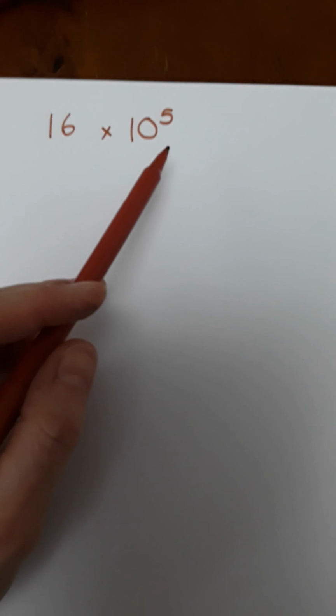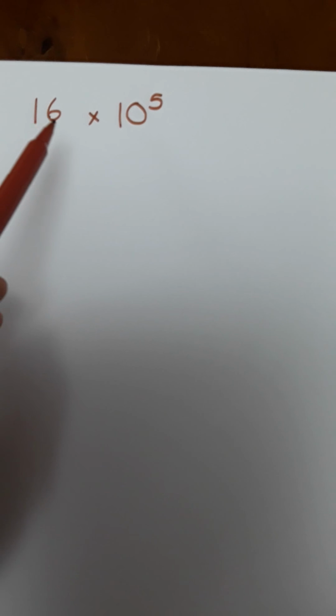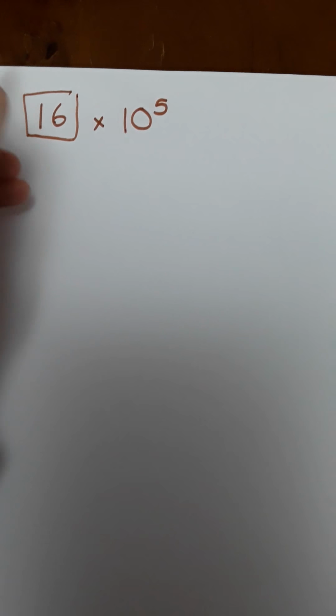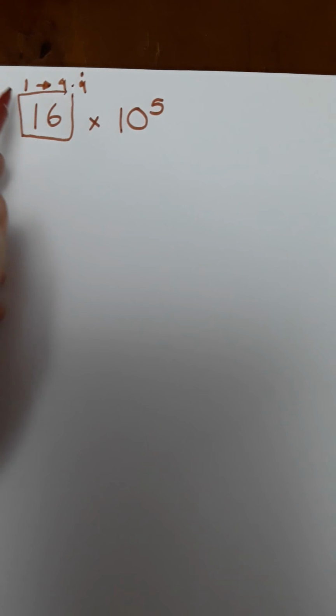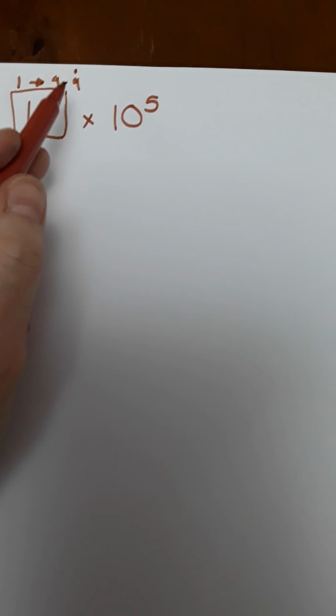So here is something I see quite often that people do wrong. They'll write 16 times 10 to the 5. Now this is not in correct standard form, because your first number that you write must be between 1 and 9.9 recurring. So here actually 16 is bigger than 9.9 recurring, so I need to change it to 1.6.